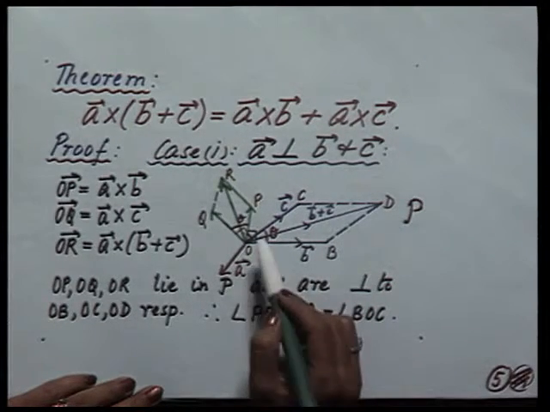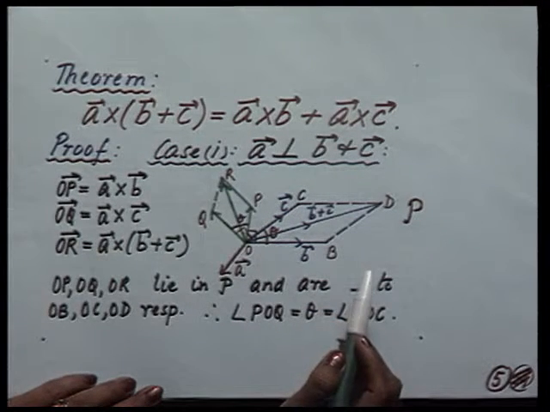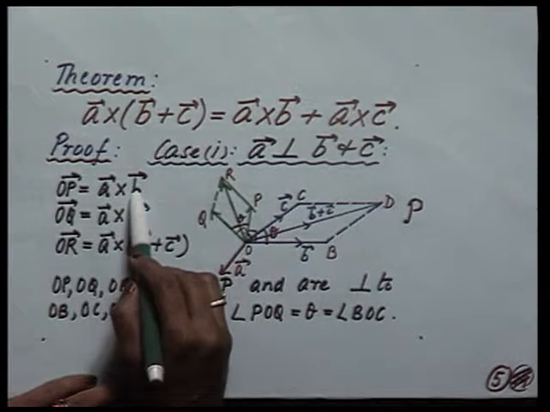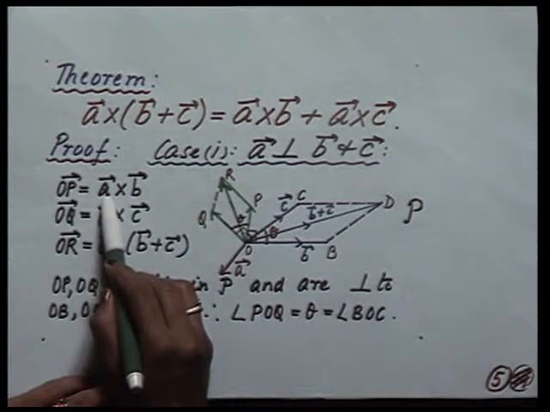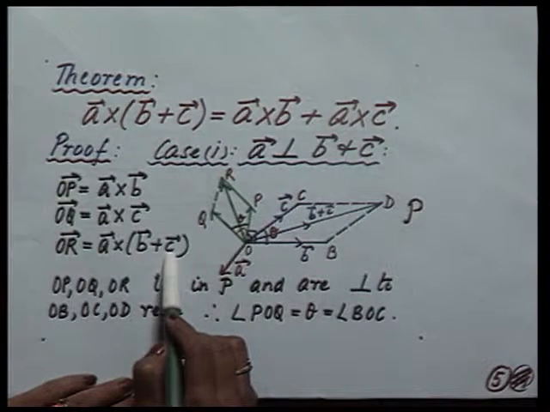Now, let us look at the vectors A cross B, A cross C and A cross (B plus C). Note that A cross B has to be perpendicular to A, so does A cross C and A cross (B plus C).